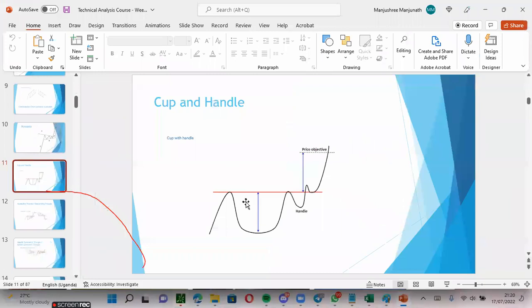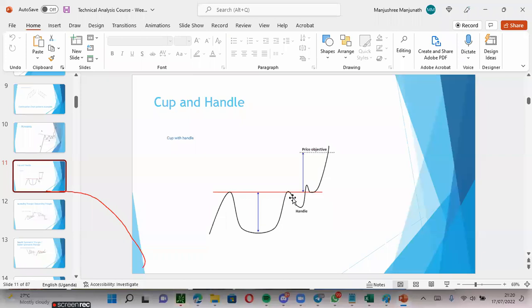This is cup and handle. If anybody wants to know what is a cup and handle, cup and handle is the stock trying to bottom out and then trying to go up, and under this neckline it found a resistance and goes back down. It doesn't go too much down, but it will go a little bit, maybe 30 to 40% down, and eventually it breaks out that level.